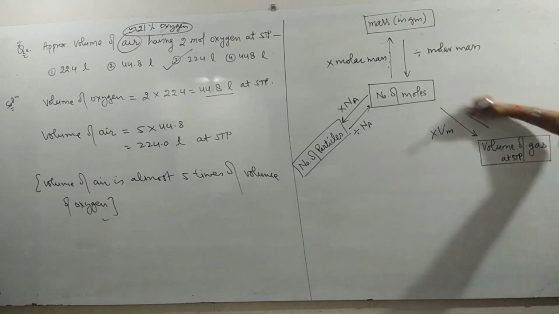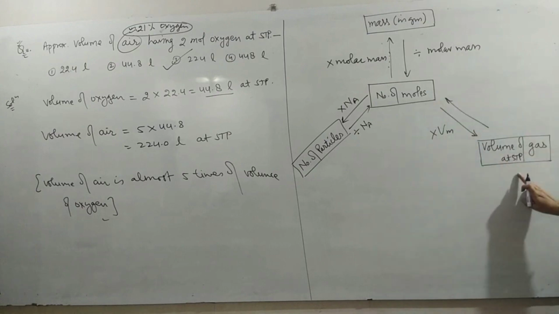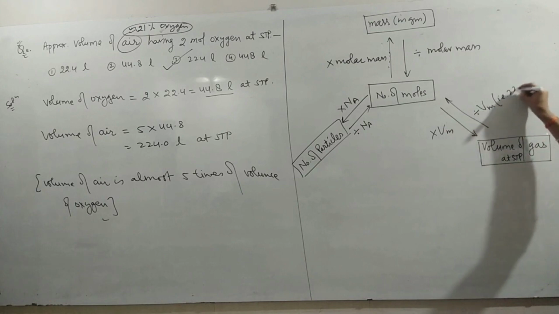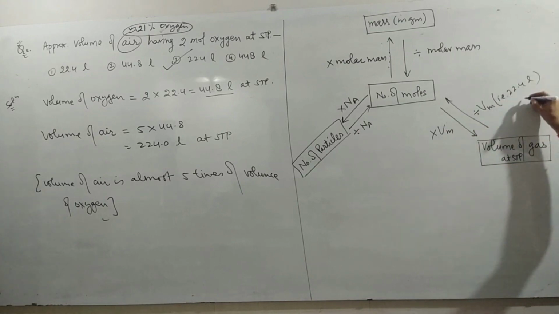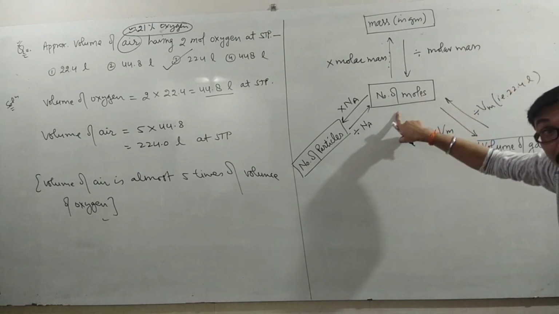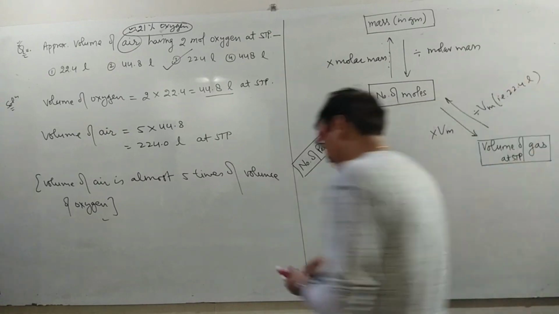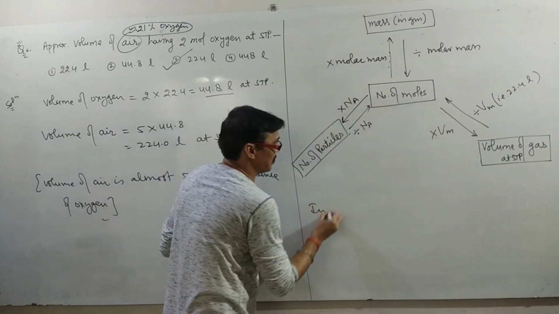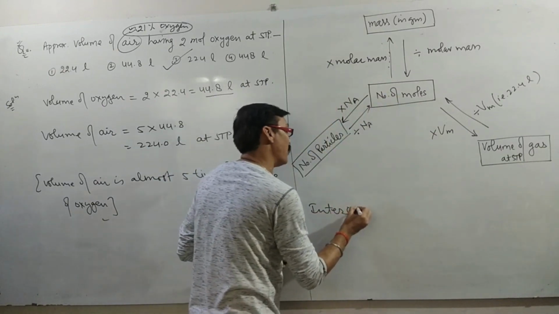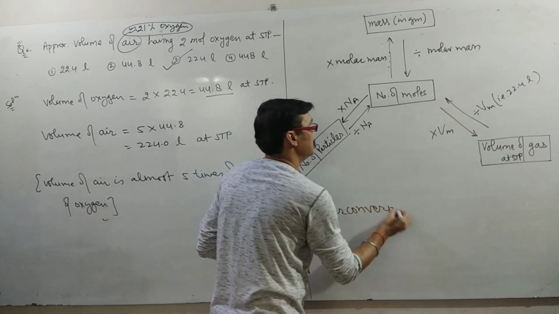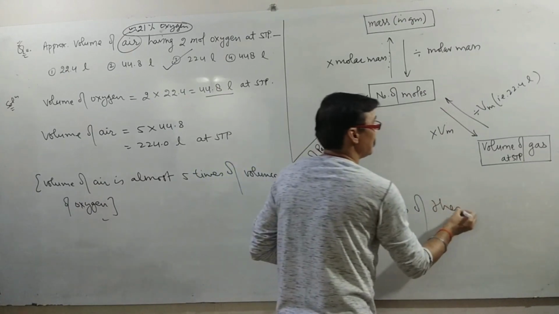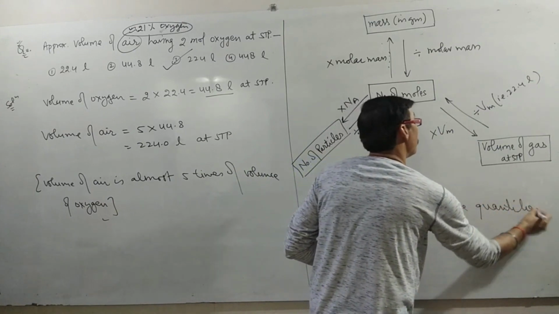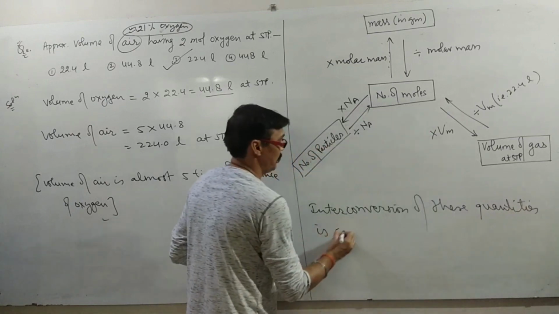And if you divide volume of a gas at STP by molar volume, 22.4 liter, then you will get number of moles. In fact, the interconversion of the above quantities is called mole concept.